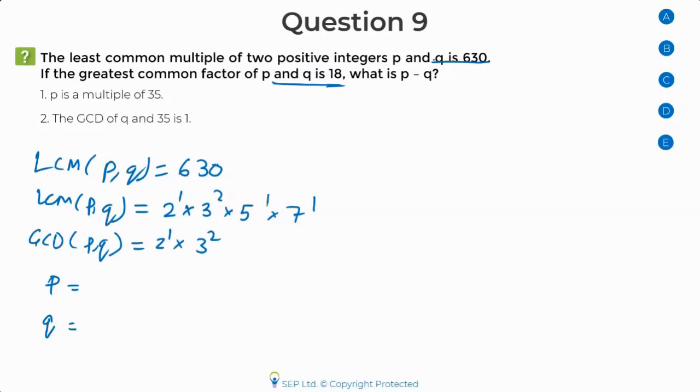So I know the GCD is a common part, which is present in both the numbers. So I'm going to say 2 to the power 1 times 3 square has to be present in both of them, come what may, because it's a GCD, a common divisor. It's present in both the numbers if you remember the process of GCD, right? Is this part clear? Because I'll move on after this.